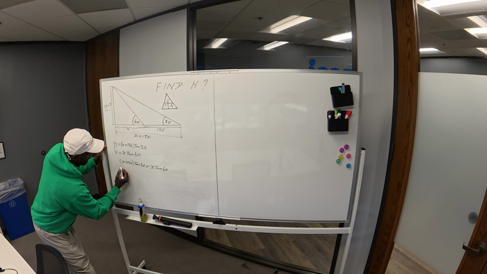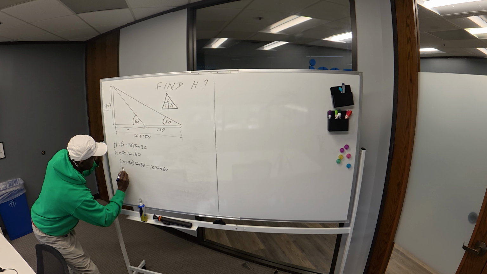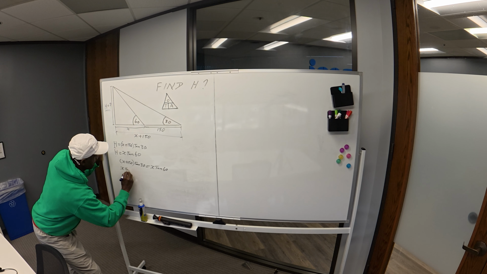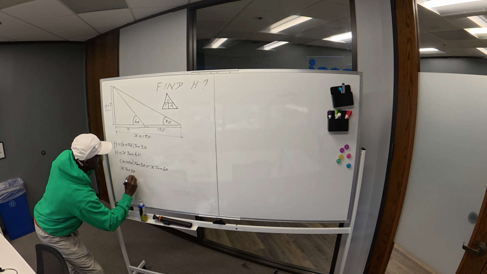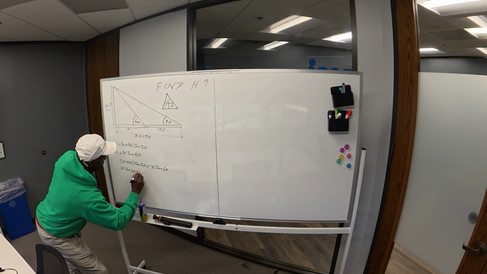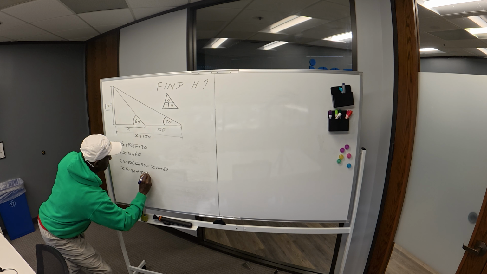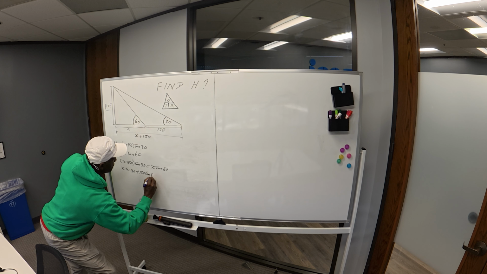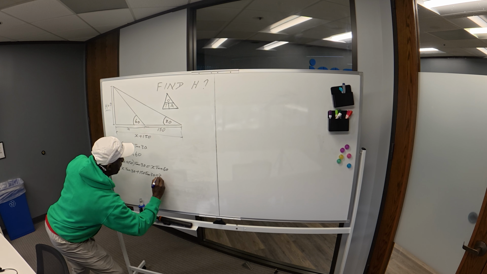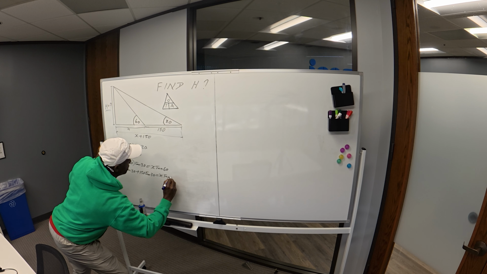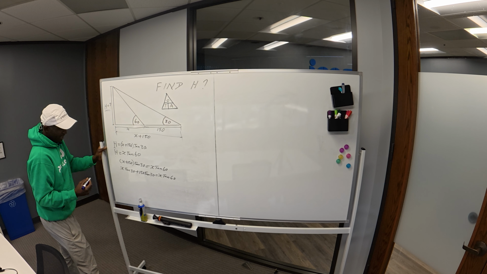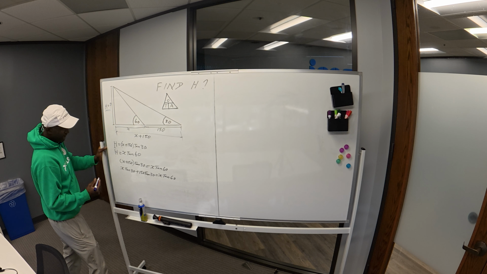Now let's expand that as x tangent of 30 plus 150 tangent of 30 is equal to x tangent of 60. Let's bring all the x terms together.